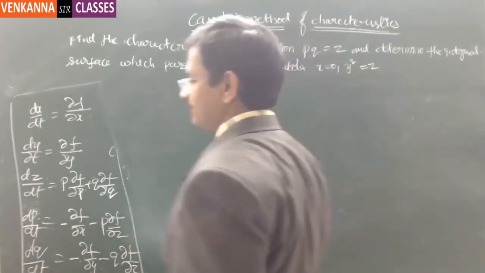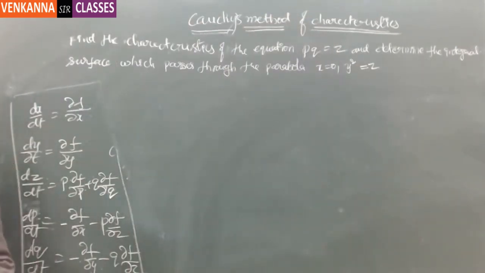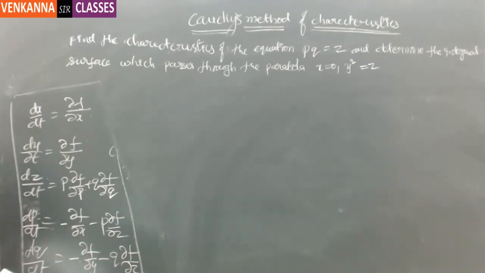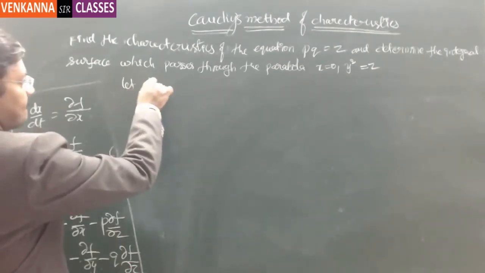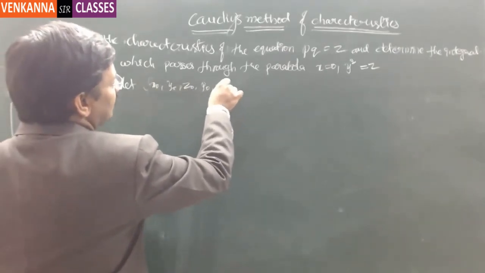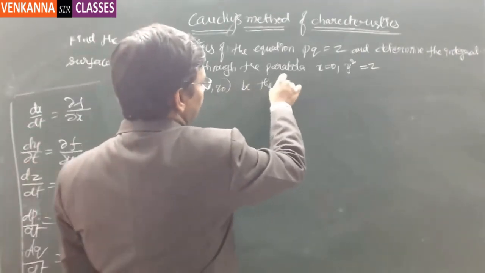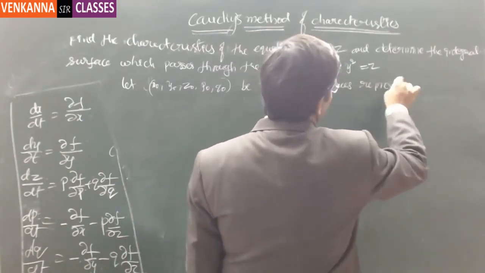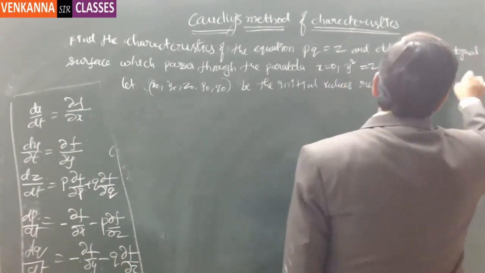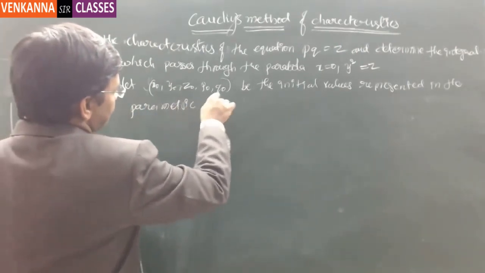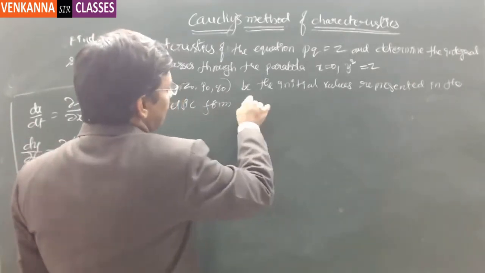So actually this is the problem statement. The integral surface has to pass through the parabola given by x is equal to 0 and y square is equal to z, and we have to identify the integral surface for the differential equation pq is equal to z. Now the initial parametric form: let x naught, y naught, z naught, p naught, q naught be the initial values represented in the parametric form with lambda.